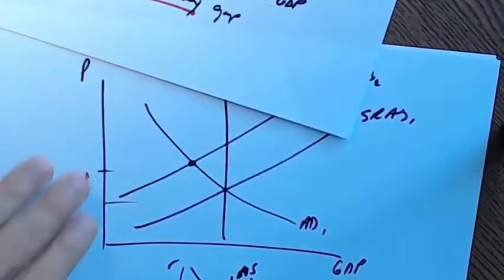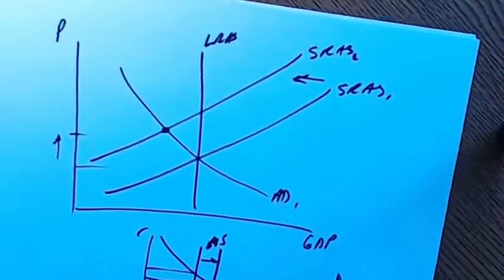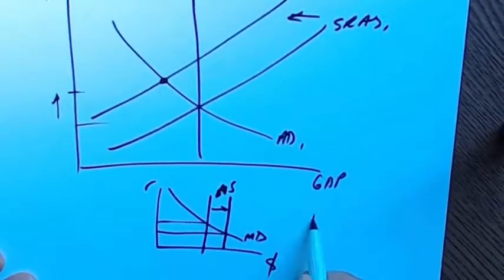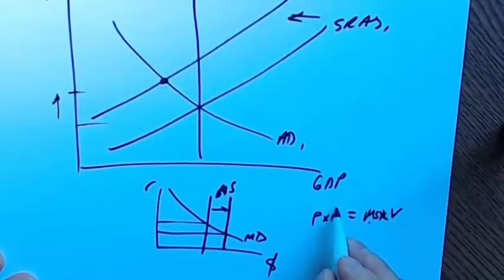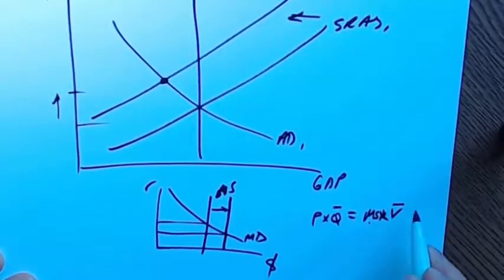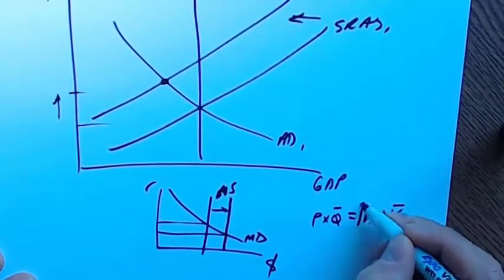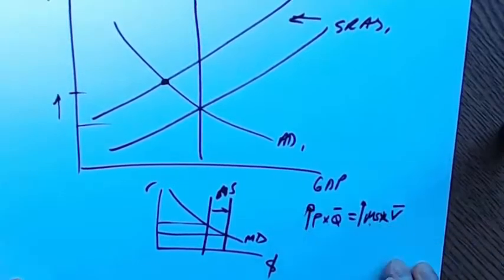When it increases the money supply, you got more money floating around in the economy. And remember this equation. You got GDP, you got money supply, that's an S there, times velocity of money. If the quantity of money is fixed, velocity is relatively fixed, you shoot up the money supply, prices go up.